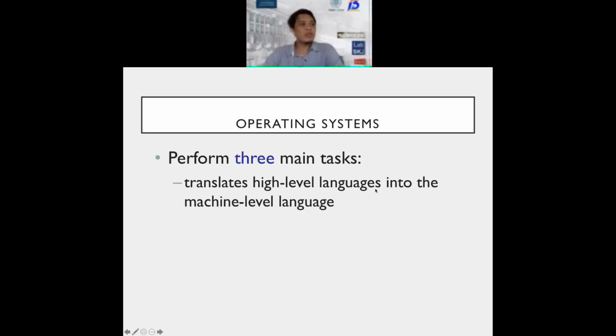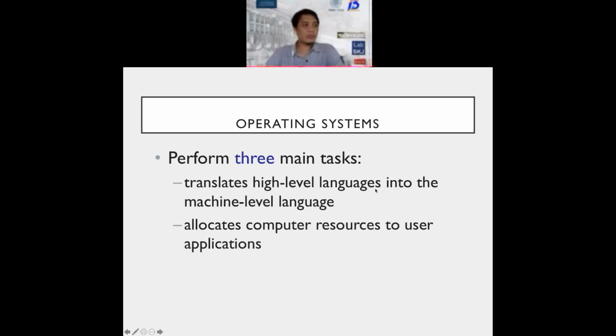The next is to allocate computer resources to user applications. If you work with the operating system, it will allocate the resources to finish your computation, for example, memory usage, CPU usage, etc. So we will see whether the operating system has a balanced or appropriate way to deliver the resources to user applications.